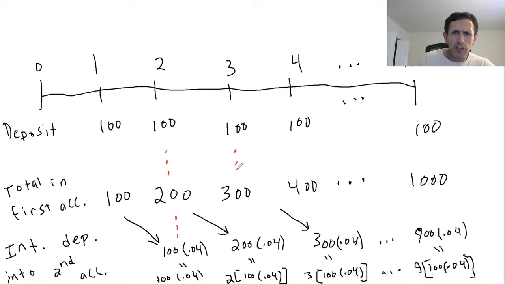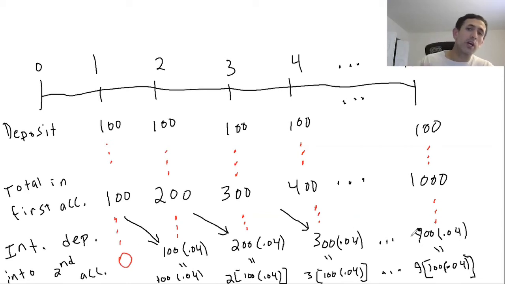One tricky thing that often gets people, and don't be that person who screws this up: this is not a 10-year annuity, because here, remember, there's nothing here. It's just a big fat 0. And of course there's 0 here. This is a 9-year increasing annuity immediate. It's not 10-year, it's 9-year.